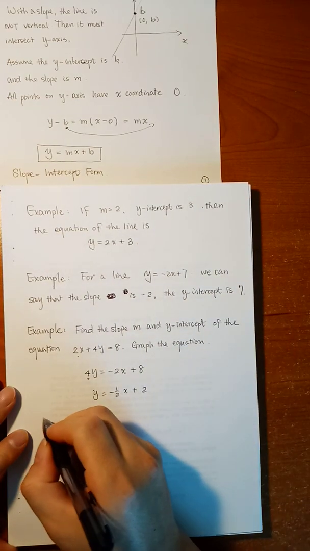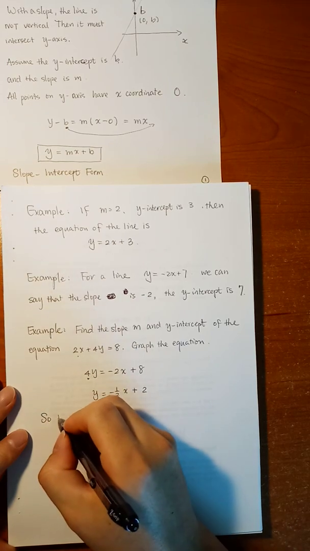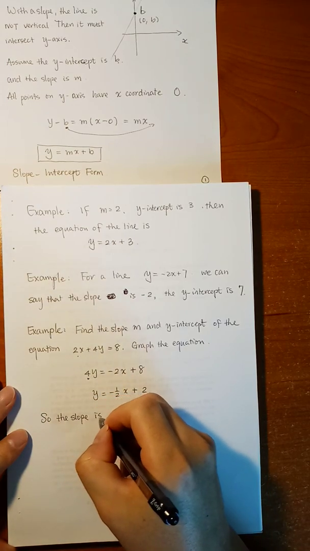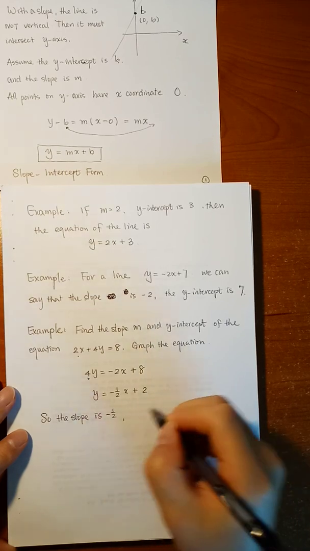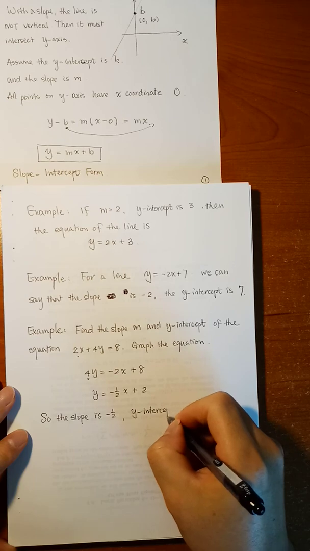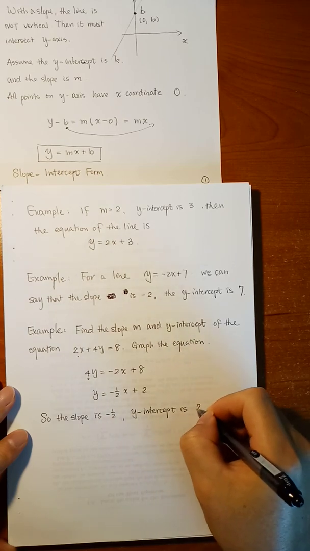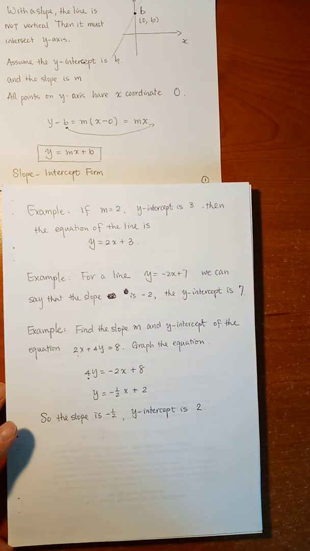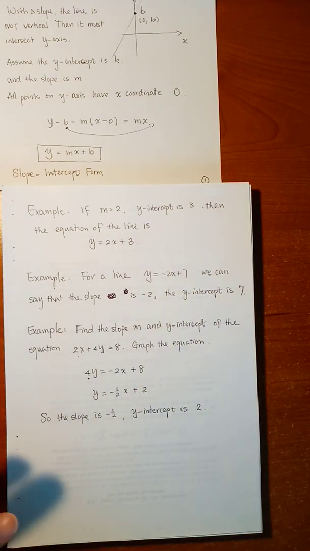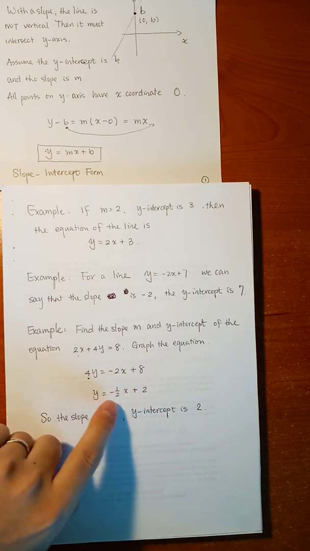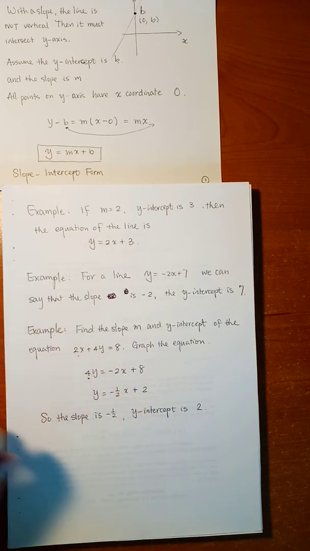So the slope is negative 1/2. The y-intercept is 2. So whenever you write y equal to mx plus b, this is the slope, this is the intercept.